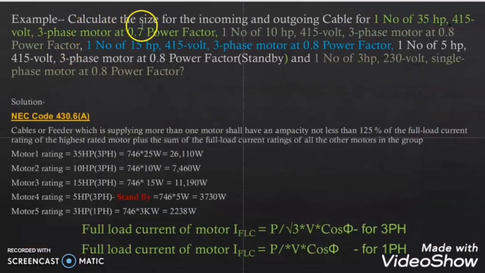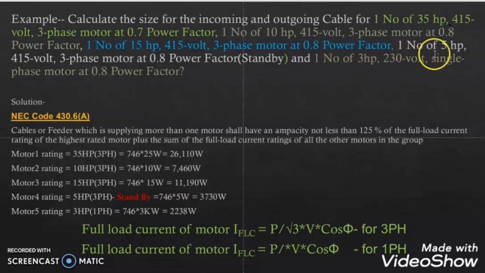We have to calculate the size of the incoming and outgoing cables and circuit breaker for one number of 35 HP 415 volt 3 phase motor at power factor 0.7. The other motor is one number of 10 HP 415 volt 3 phase motor at power factor 0.8. Third motor is one number of 15 HP 415 volt 3 phase motor at power factor 0.8.